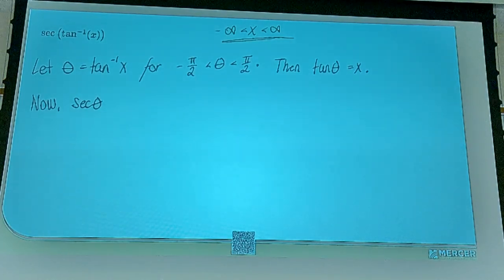So for minus pi over 2 to pi over 2, is secant positive or negative?